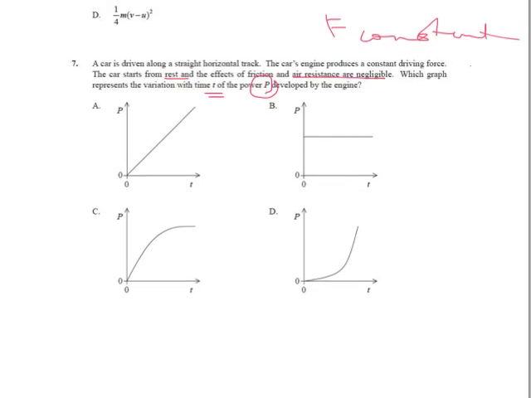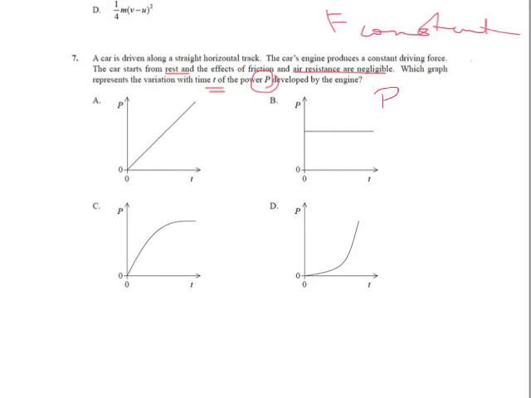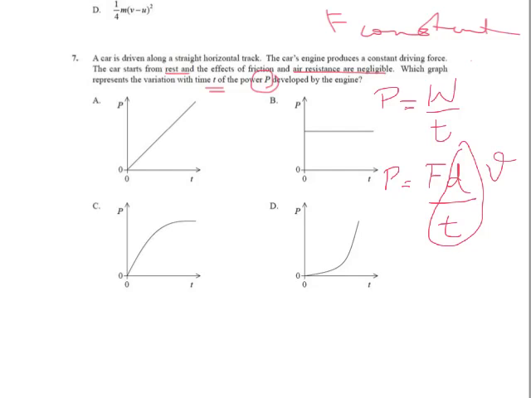Now, power equals work over time, and work is force times distance over time. Now, d over t represents the velocity, but at the moment, so instantaneous velocity. As the car moves from rest and has a constant force, it then also has a constant acceleration.